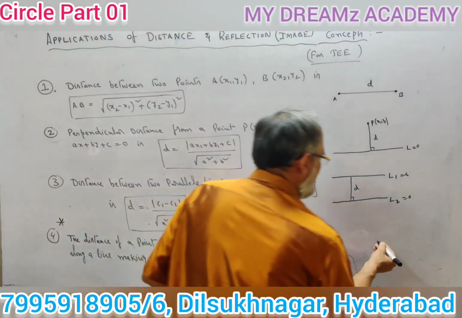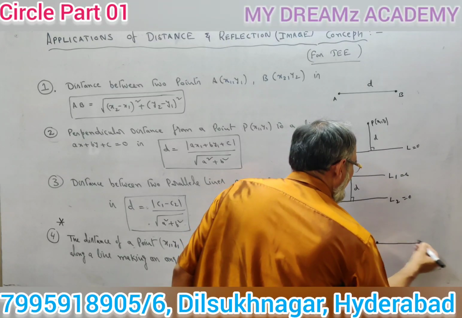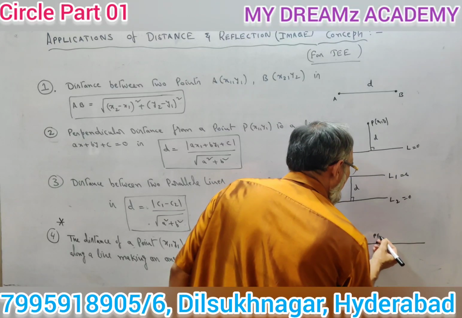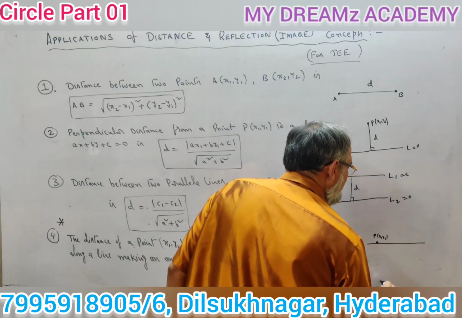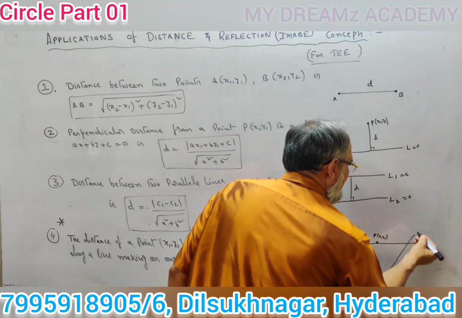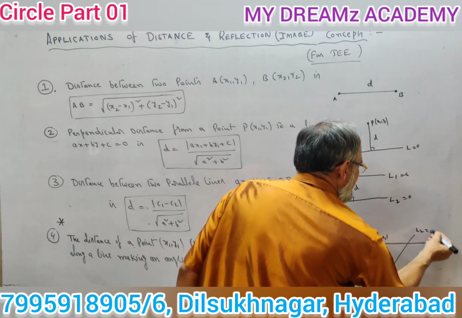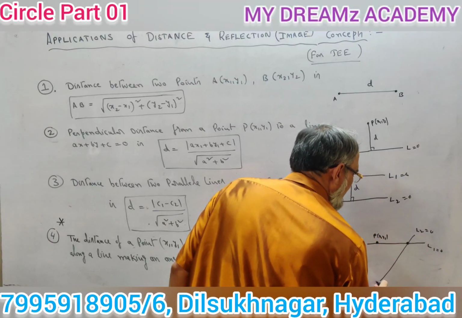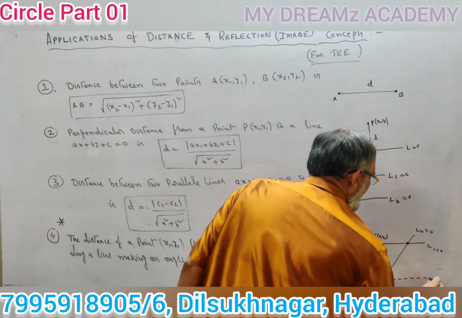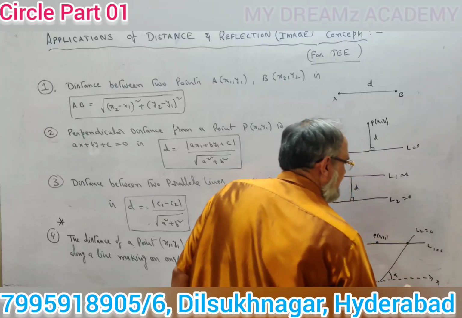The concept is a line passing through P (x1, y1), and another line L1 intersected by this line, which is making alpha degrees with the horizontal x-axis.